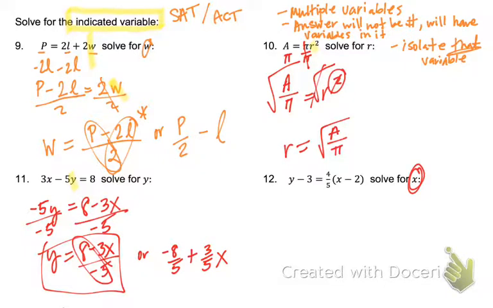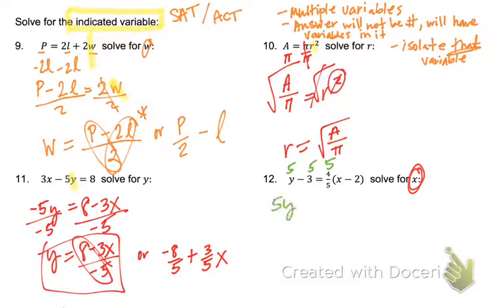Okay, so first thing I'm going to do is multiply everything by 5. So this gets multiplied by 5, this gets multiplied by 5, this gets multiplied by 5. If you wanted, you could have distributed the 4/5 first or not. That's okay too, but I'm doing the shorter way.